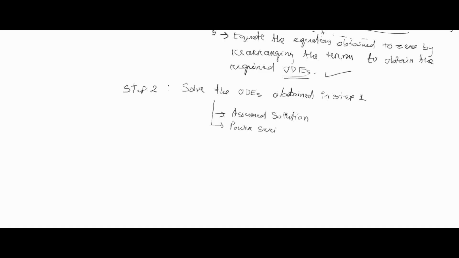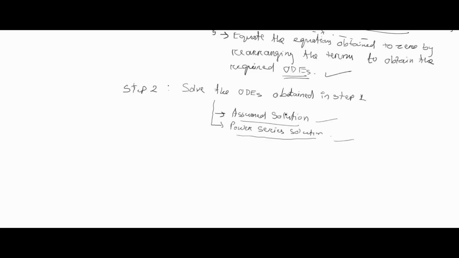Power series solution: in the case where the coefficients are not constants and are also functions of variables, we will use the power series solution. We will discuss these assumed solution and power series solution methods with questions in the coming lectures.